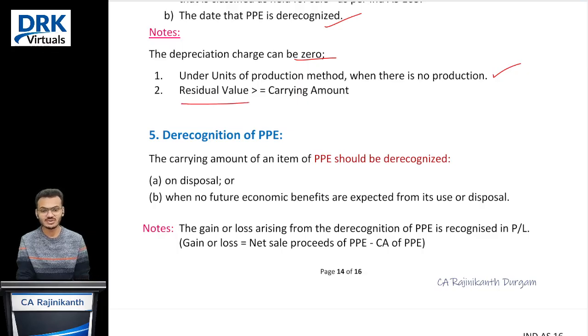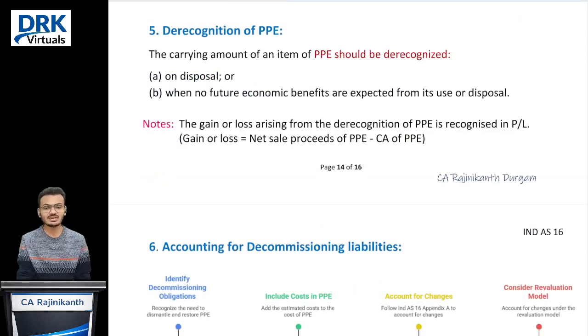Or when our residual value is greater than or equal to carrying amount. If the residual value is greater than or equal to carrying amount, obviously there will be no depreciation, right? And when should we de-recognize the property, plant, and equipment? The carrying amount of the PPE should be de-recognized on disposal or when no more economic benefits are expected from that particular PPE.